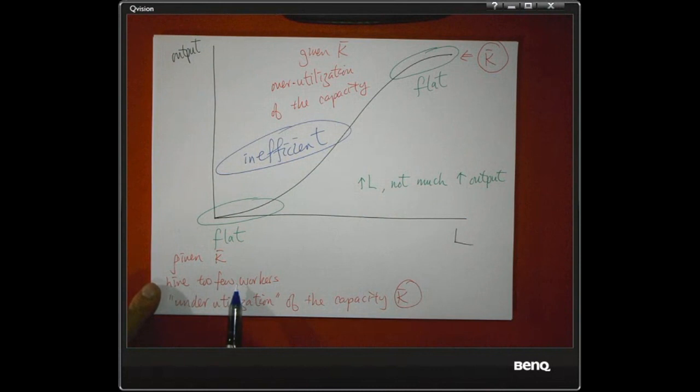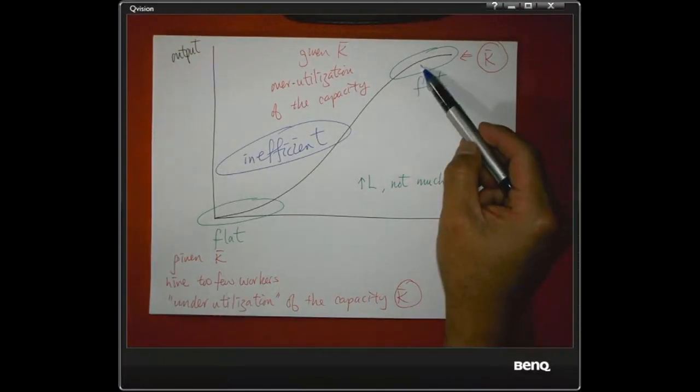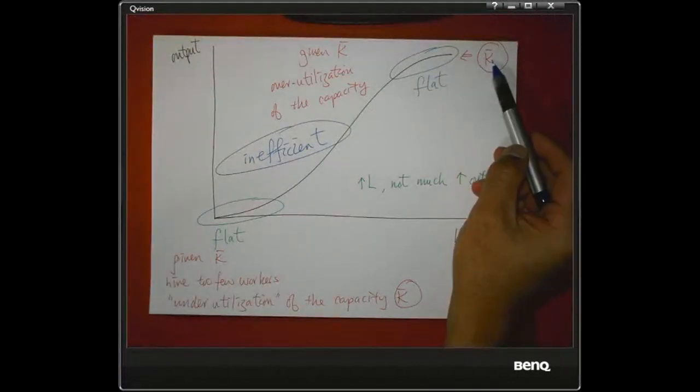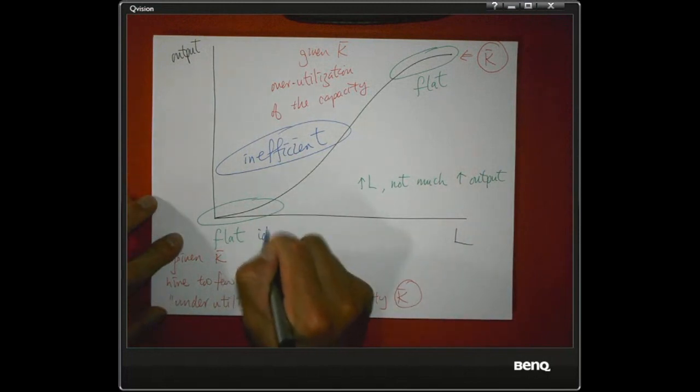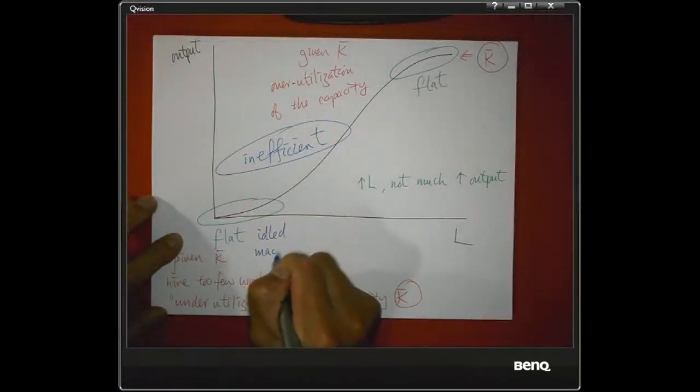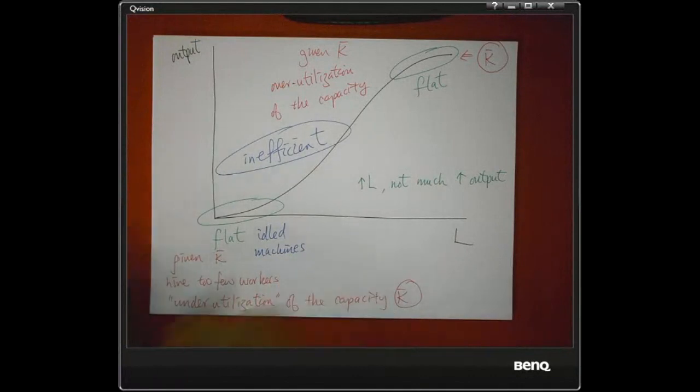Well, if you have machines sitting idle and not using them, you're not efficiently using your resources. And if you have too many workers for that given factory size, it is not efficient either, because down here you have idled machines that you don't use. That is not efficient.